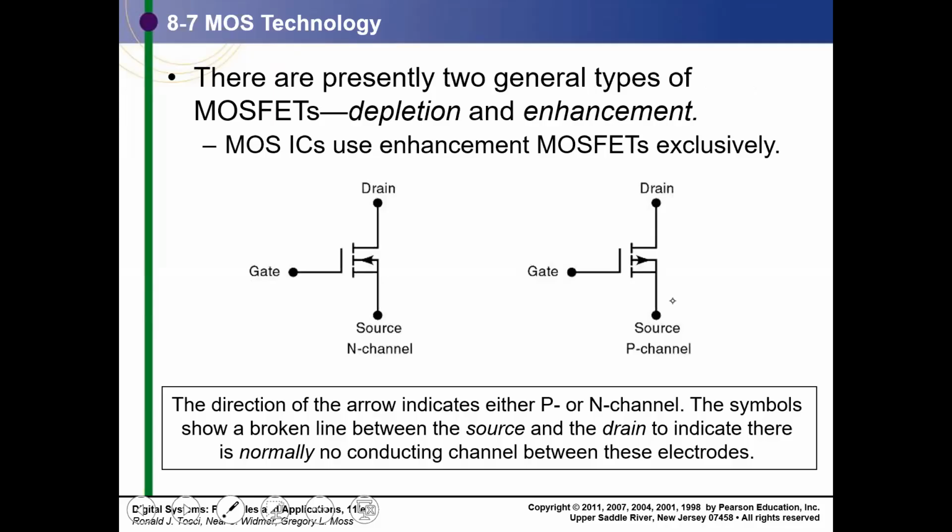Then I did talk to you that there are two types of MOSFETs. One is depletion mode, another is enhancement mode. In CMOS technology, we use only enhancement mode devices. What are shown over here are two enhancement mode devices. One is N channel, another is P channel.